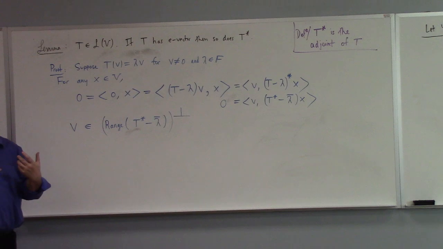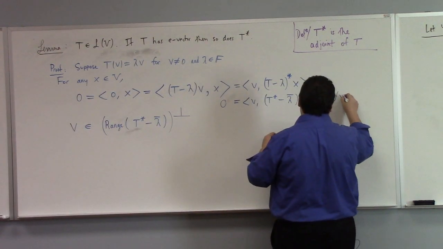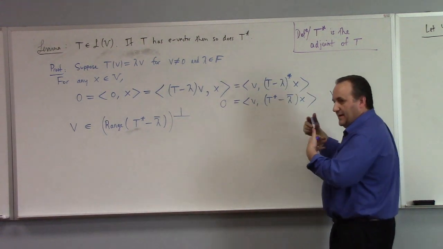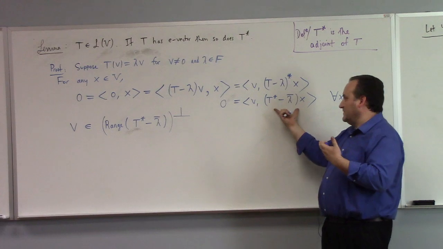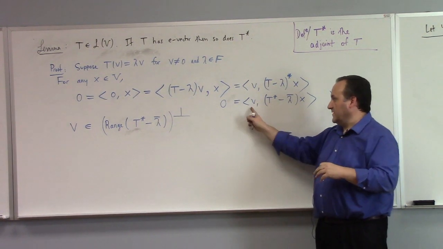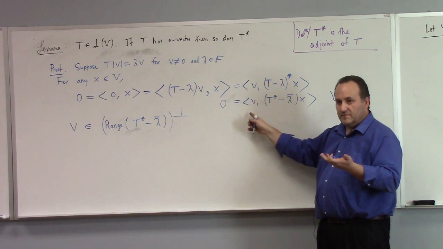But it's not just some X. This identity holds for all X in V. So if you let X go over all things, then this traces out the full range. Everything in the range, this V is perpendicular to. So it's in the perp to the range.